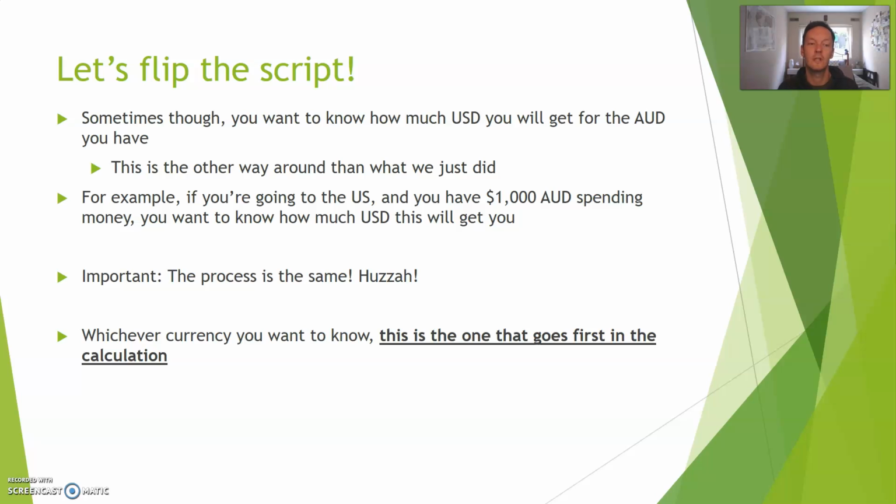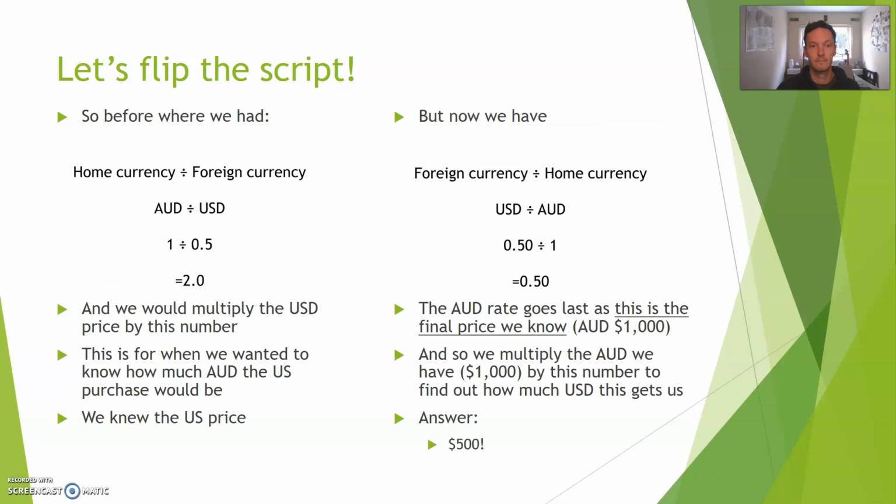And this last point on the slide here is really, really important. Whichever currency you want to know, have a think about which one in this scenario we don't know. We do know the Australian here, because we're taking in 1,000 Australian dollars. We want to know how much we're going to get in American. We don't know the American, so the American exchange rate in our calculation goes first in the equation. Just look at the left-hand side here.